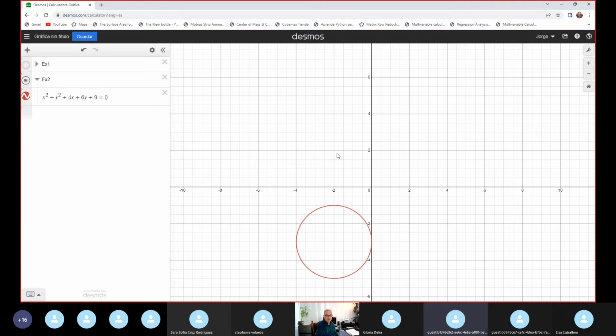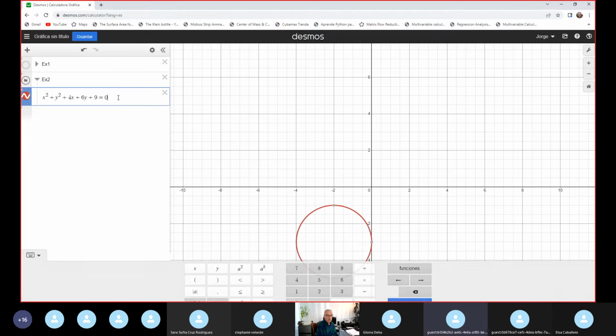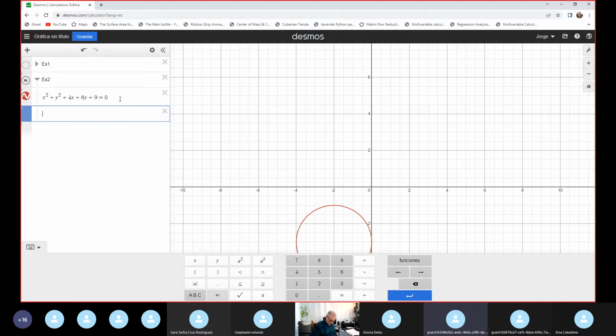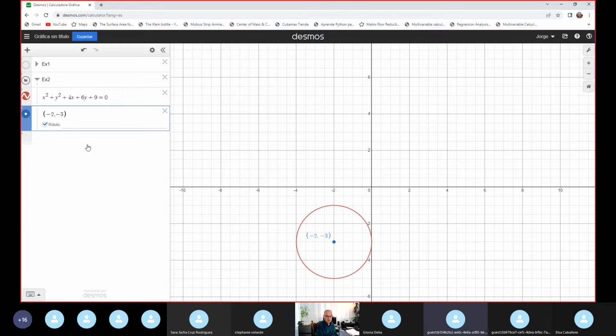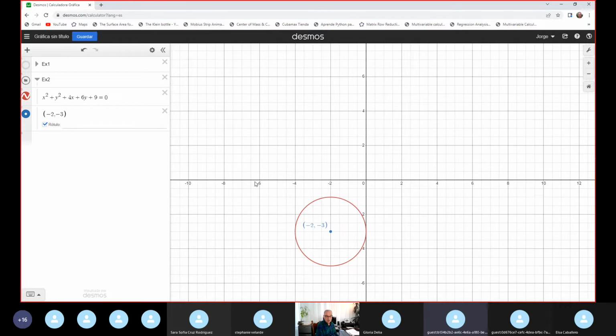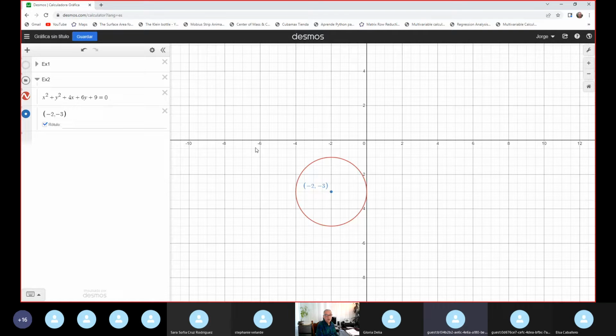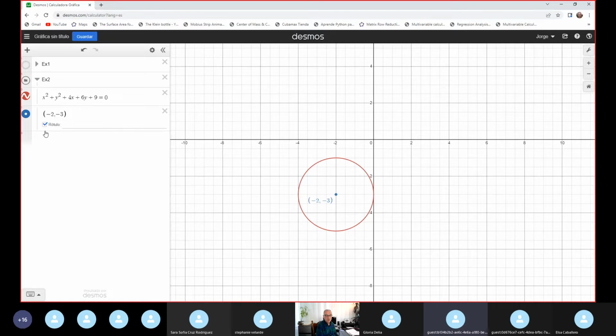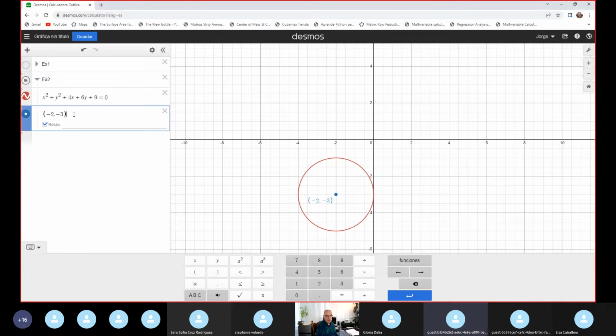This is a circle. And we plot the famous point. The famous point was the center first, negative 2 comma negative 3. Look at that. And the corresponding label. The label you can remove if you want. I like that.